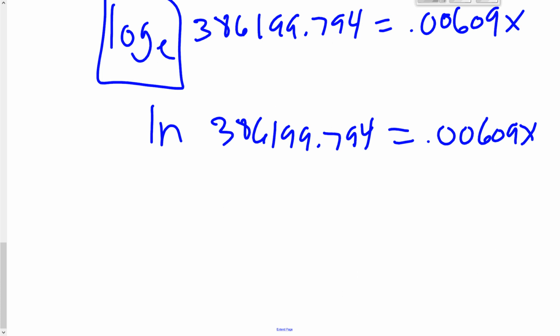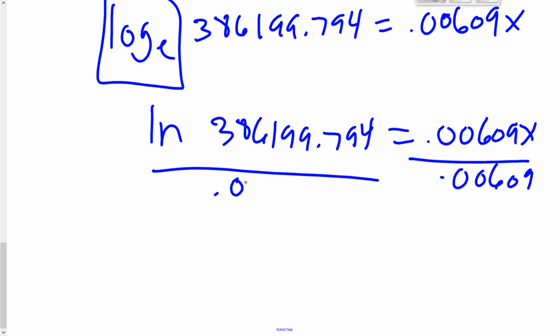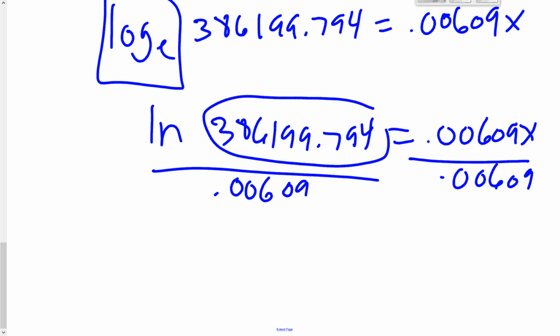I'm going to hold on, don't put that in your calculator yet, because then we can divide by 0.00609 on both sides, and then we have our x. I still have this number in my calculator. I didn't delete it because I don't want to round it yet. So I type the ln button, which pops up a parenthesis, and then I hit my answer button. Sometimes it's a straight button, sometimes you have to hit second negative.